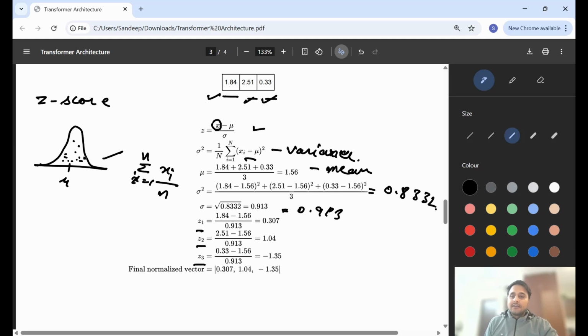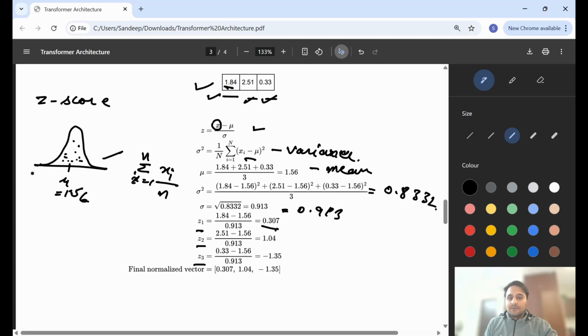Now let's come to this normal distribution. What I was trying to tell you is that the mean here is 1.56. Now this 0.307, what is this value telling us? In this vector, the 1.84 value is 0.307 standard deviations away from the mean.